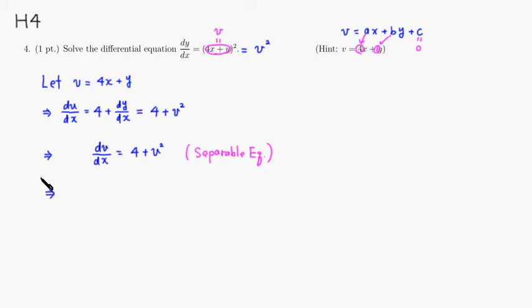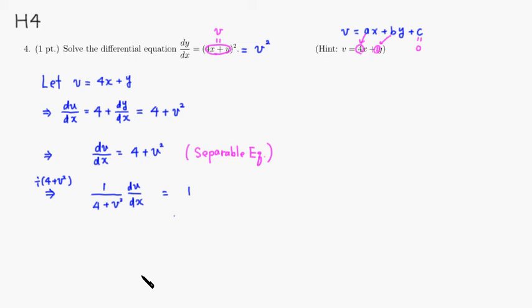We're going to divide through by the quantity 4 plus v squared. So you will get 1 over 4 plus v squared times dv over dx, and this is going to be equal to 1.